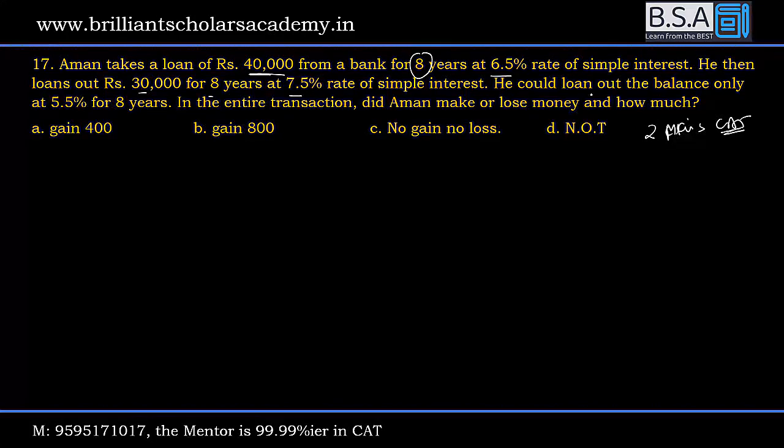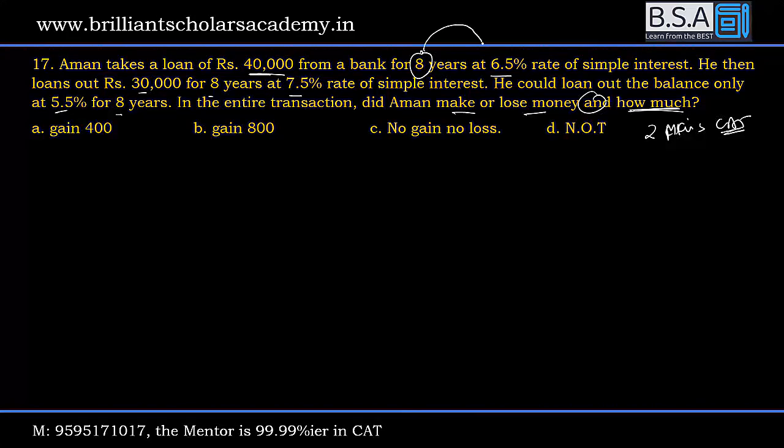He could loan out the balance only at 5.5% for 8 years. In the entire transaction, did Aman make or lose money, and how much? You can directly go for calculations in this case, but apply common sense.